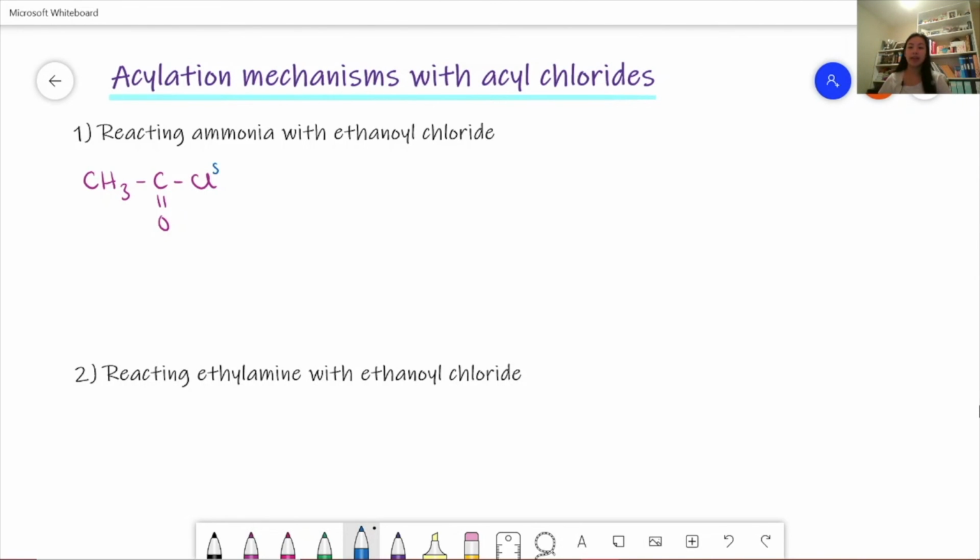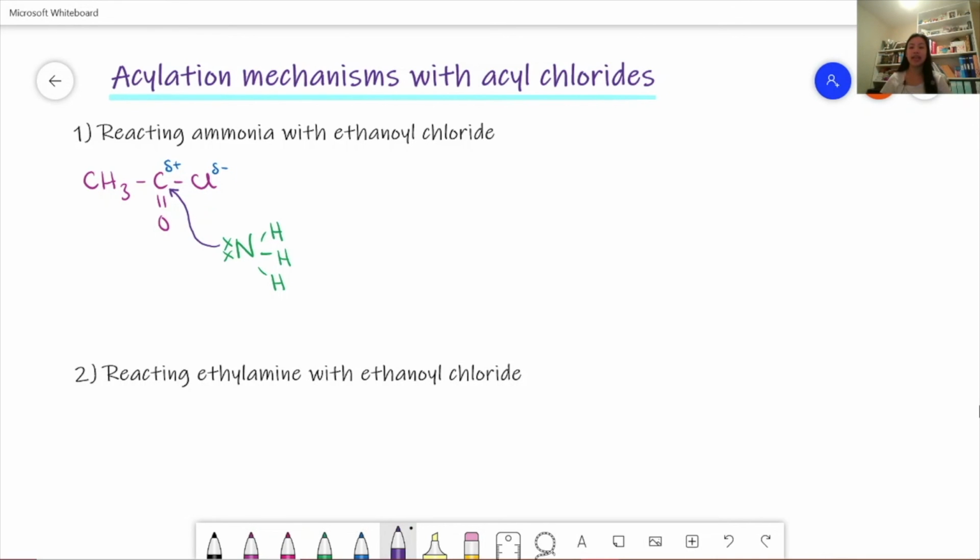So that gets a partially negative charge, whereas the carbon gets a partially positive charge, and we have a polar bond between them. And then what we have is the nucleophile, and the nucleophile which is acting is the ammonia. So we have NH3 with the lone pair of electrons ready to donate. And then what happens is that these two electrons are very attracted to this partially positive charge of the carbon, and they move towards it.